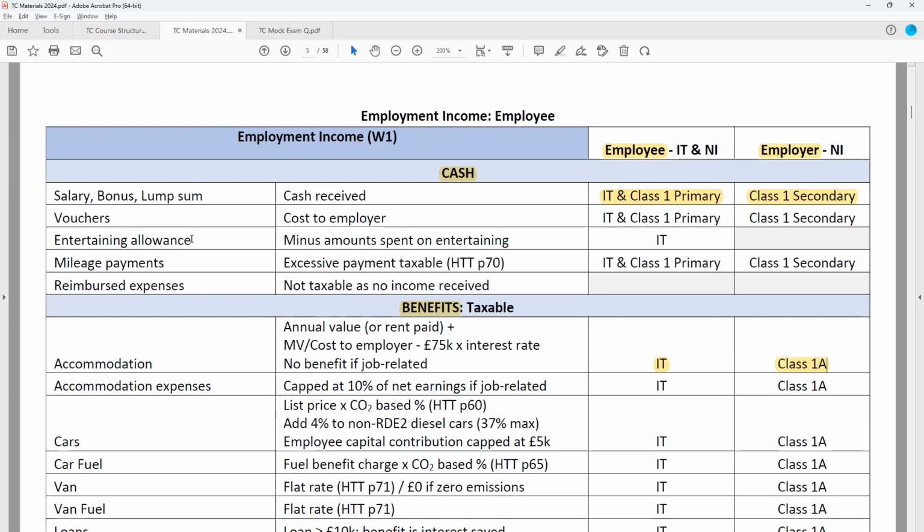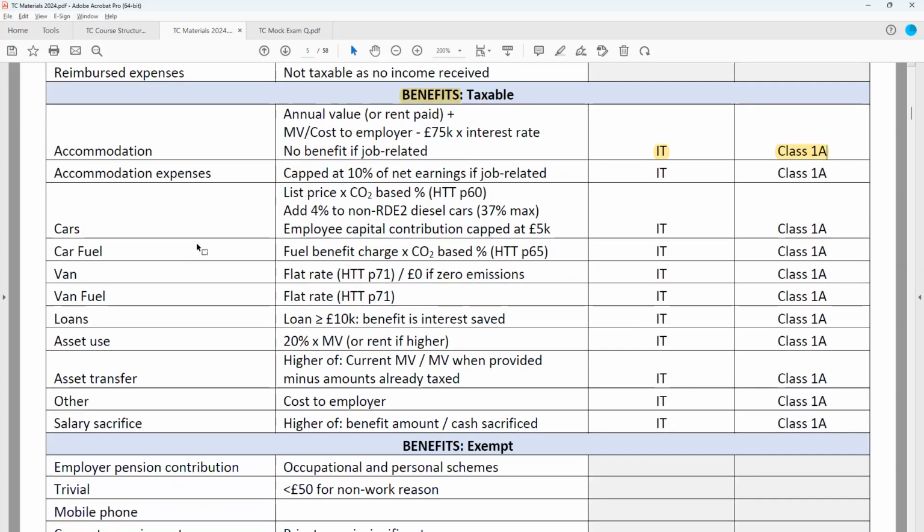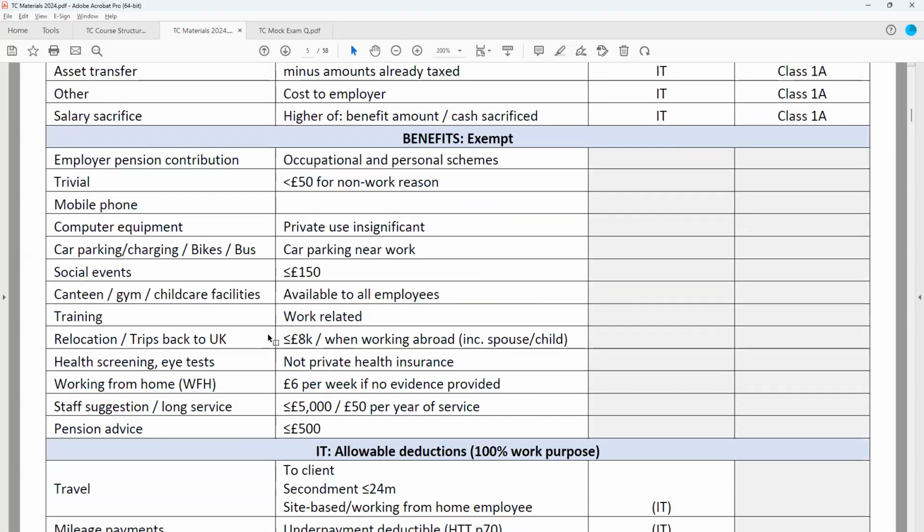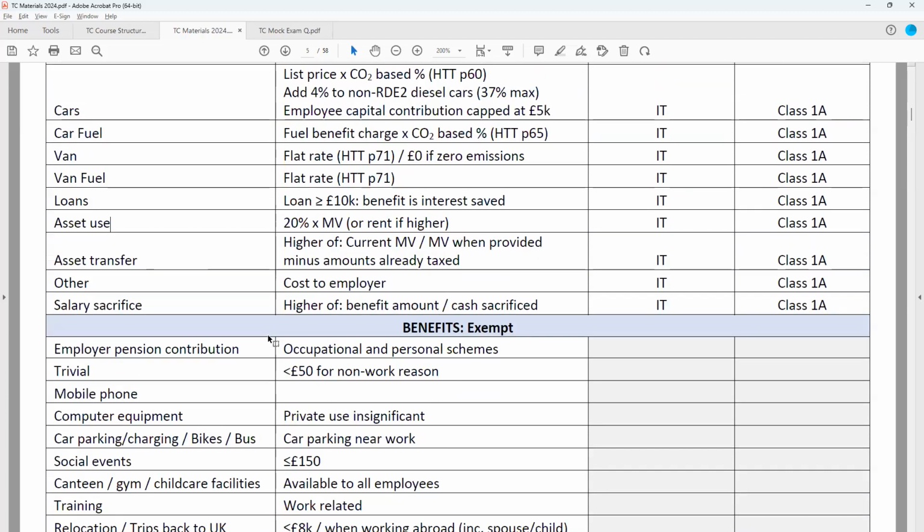Cash is generally more straightforward, but with the benefits, there are specific rules for lots of benefits. For example, accommodation, cars, vans, loans, assets for private use, etc. And that differs whether it's just for private use or it's actually been transferred to the individual. And then, of course, there are a lot of benefits which are exempt.